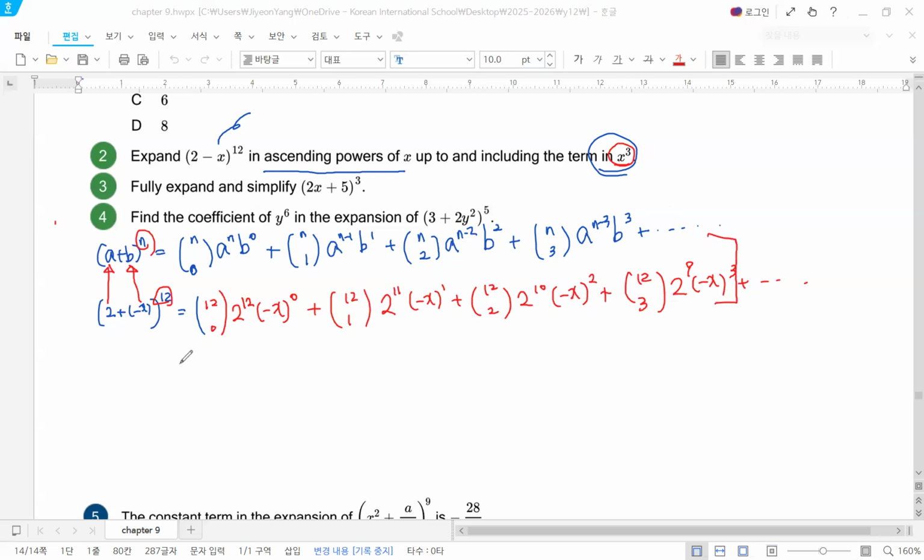So what we should do is find these values and rewrite the simplified version. By using your calculator, you can find this value as 1, and 2 to the power of 12 is 4,096, plus 12 times 2,048, and the negative x, plus ... You need to calculate this by using your calculator.